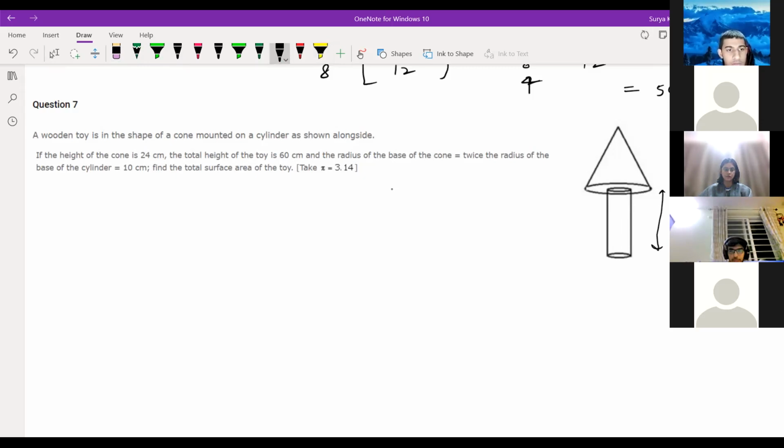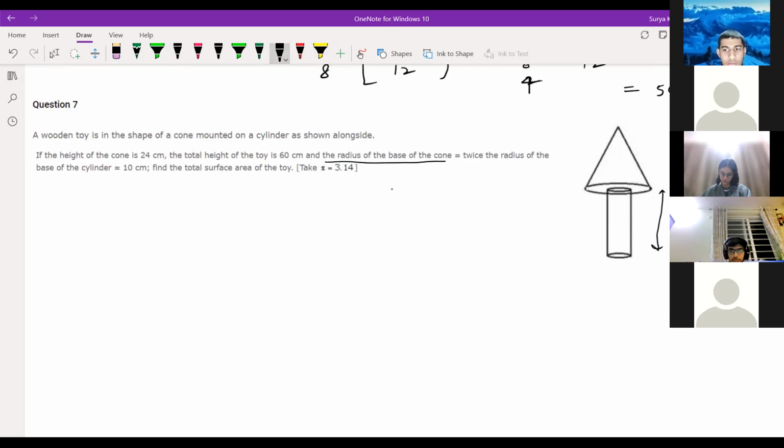Next part is radius of the base of the cone. So radius of the cone R1 is equals to twice the radius of the base of the cylinder, is equal to 10 centimeter. So see, what does it mean?